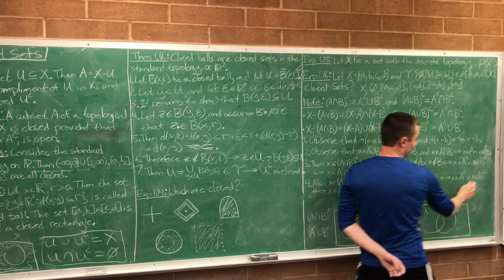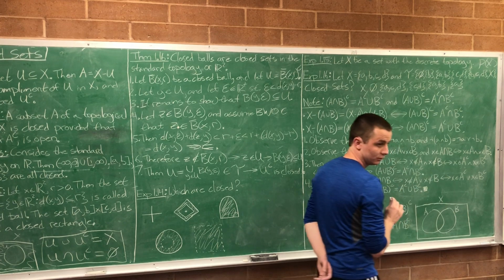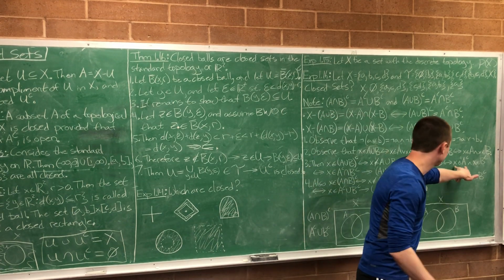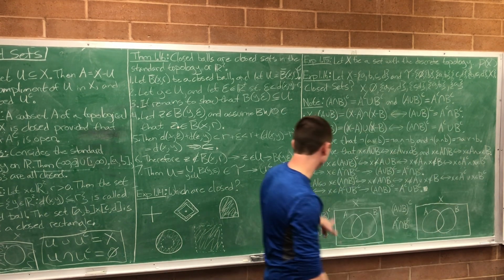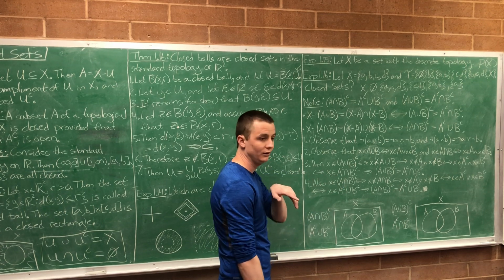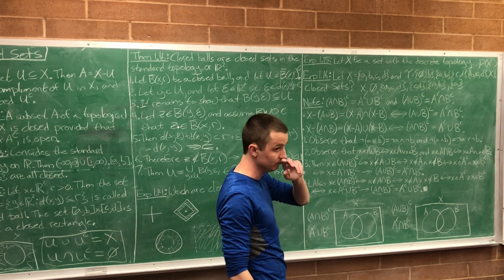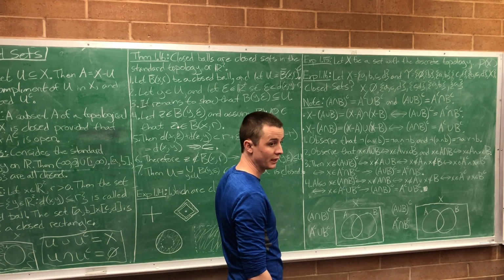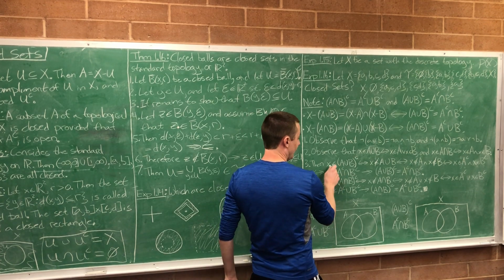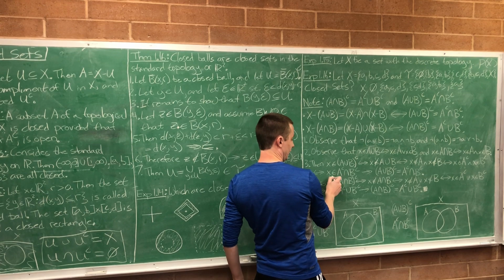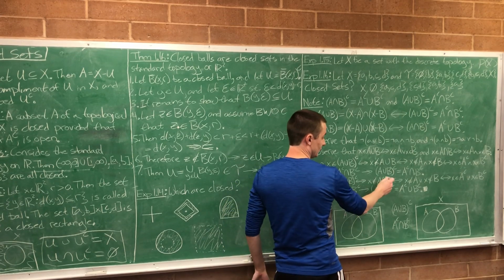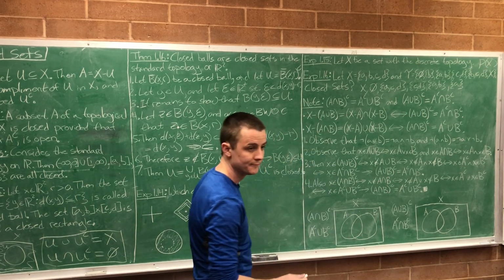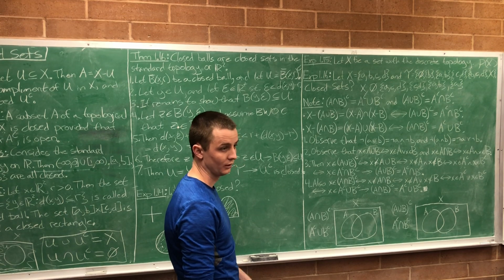And X is not in B, that's the same thing as X is in B complement. And then, if X is in A complement and X is in B complement, that's the same thing as X is in A complement intersect B complement. So I just barely showed X being in this is logically equivalent to X being in this. So they're equal. Follow that?